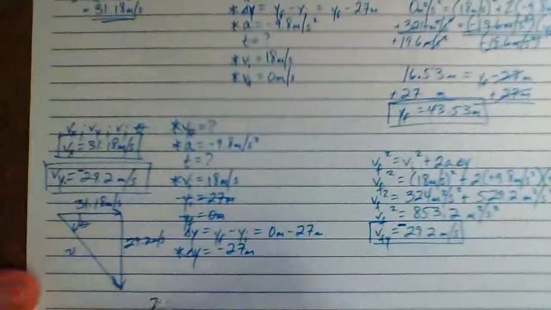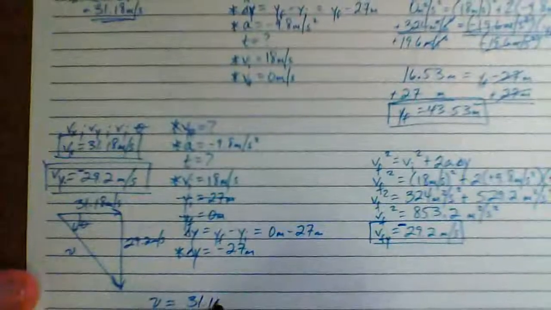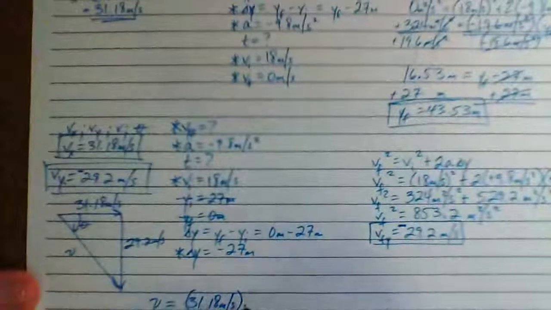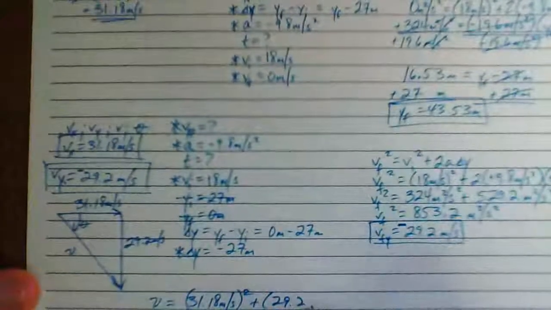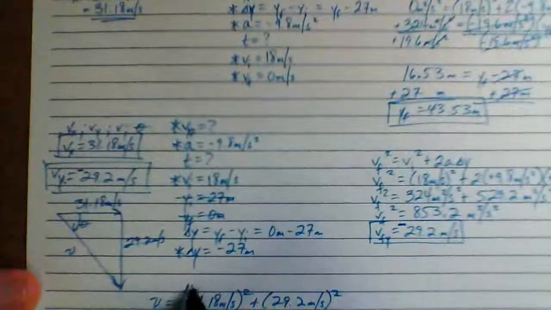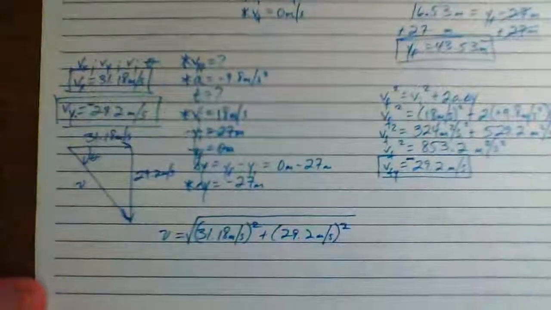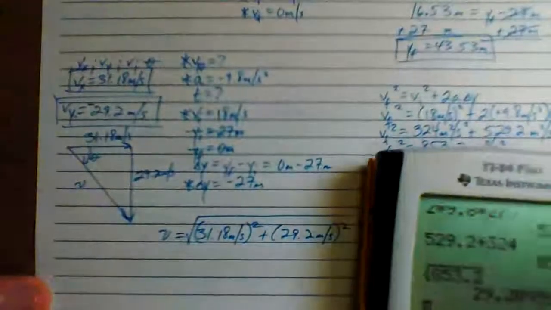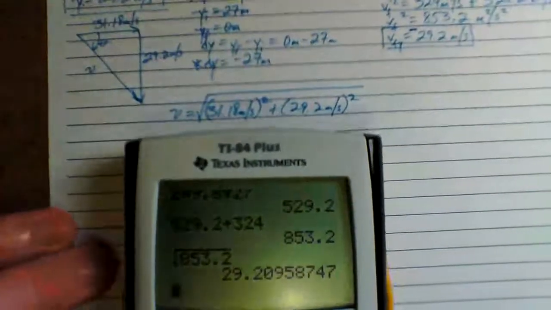To find the velocity, I'm going to say velocity equals, I'm going to put it all together, 31.18 meters per second squared plus 29.2 meters per second squared, and I'm going to take the square root of that whole thing. Alright, I'm going to punch all of that into the calculator because I can, and it's going to look like this.